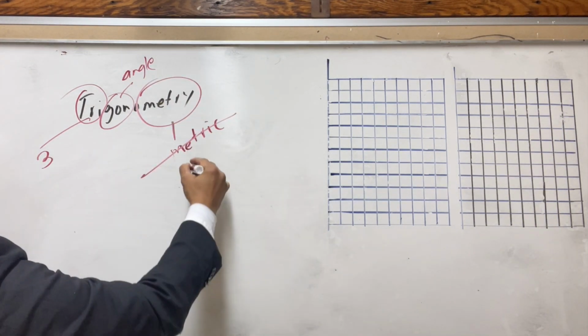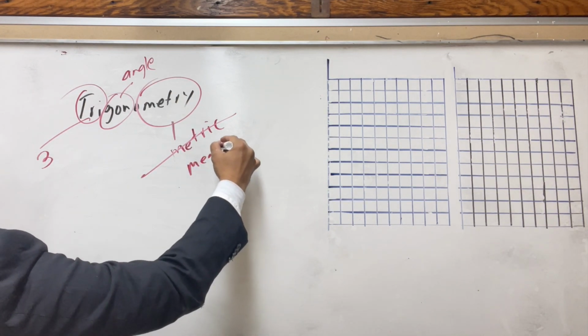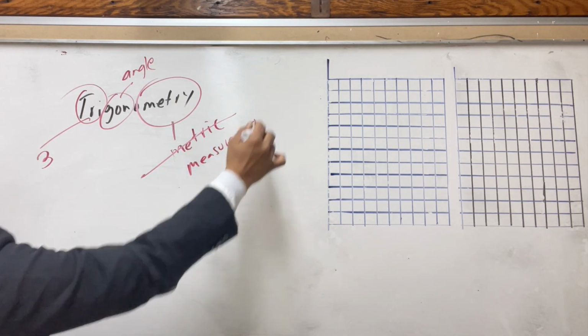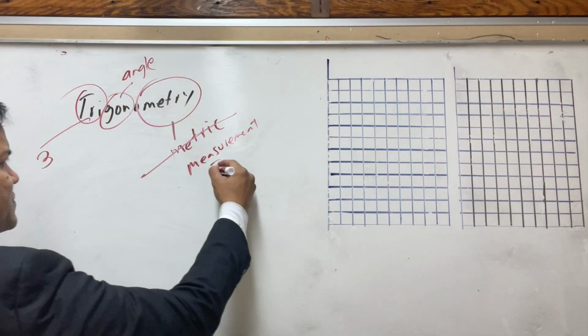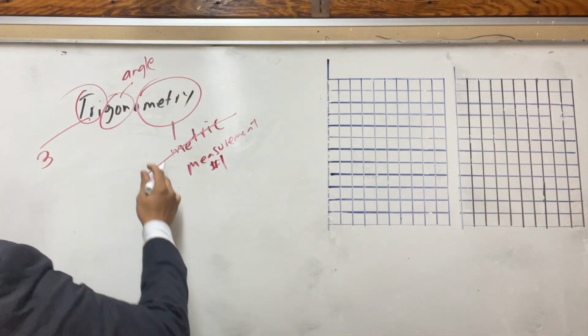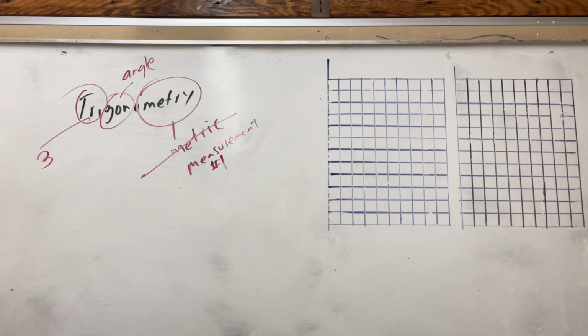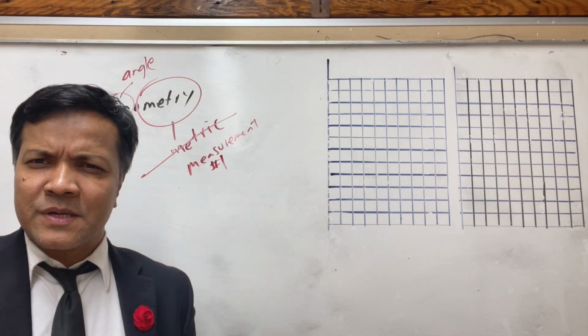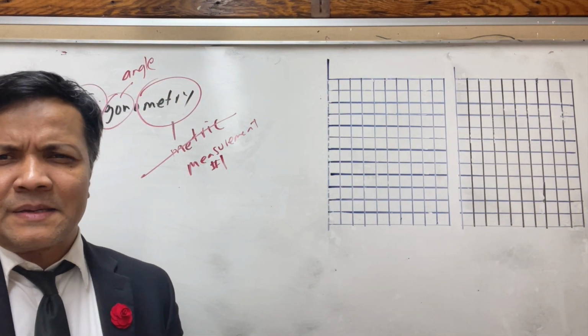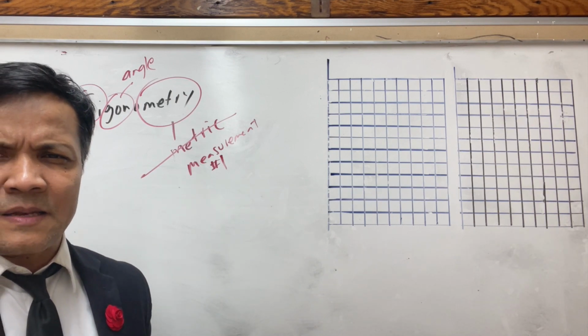What is metric? Metric means measurement. Measurement is something we learn in chapter 1, of course. And then angle. So when we talk about trigonometry, we are talking about the measurement of an angle.